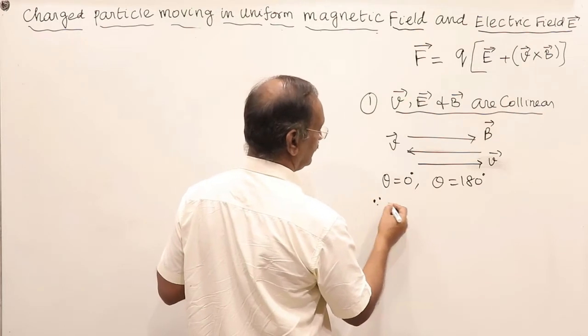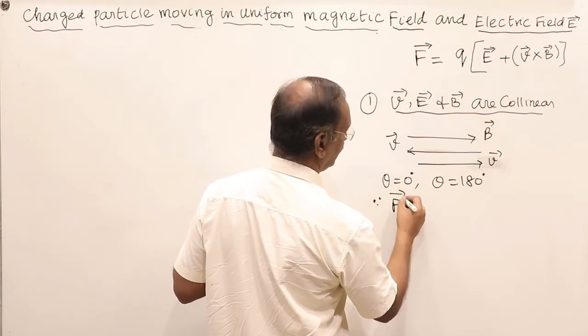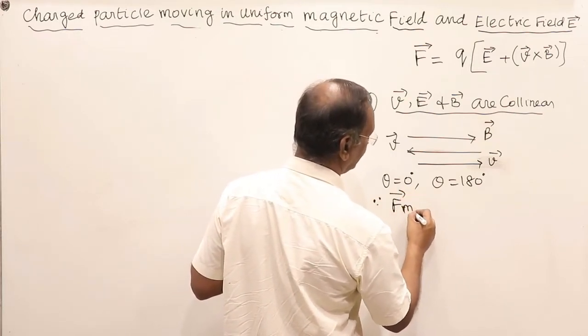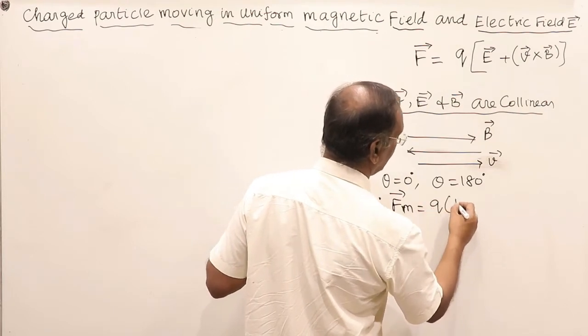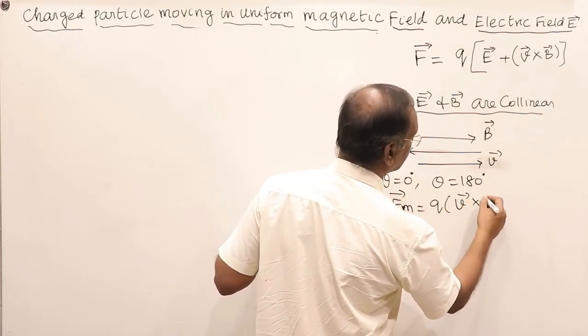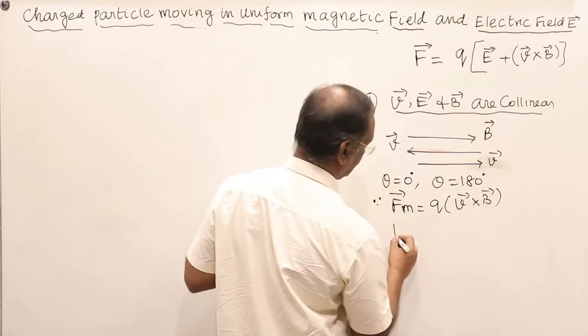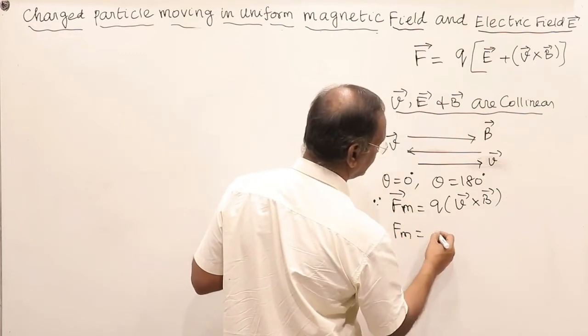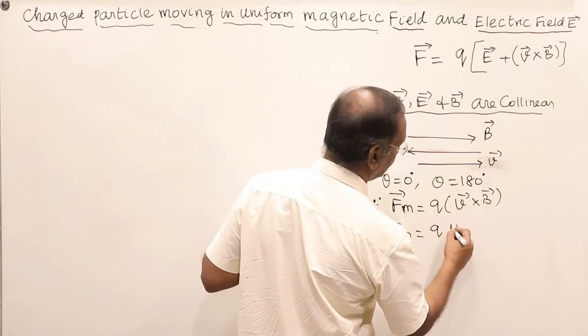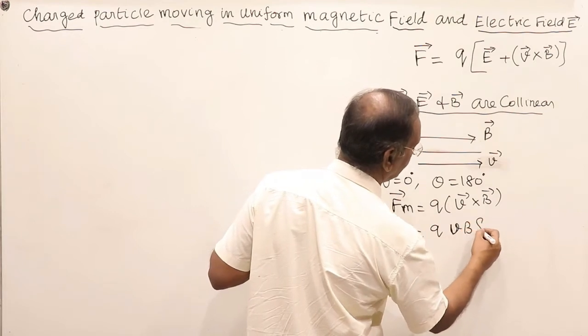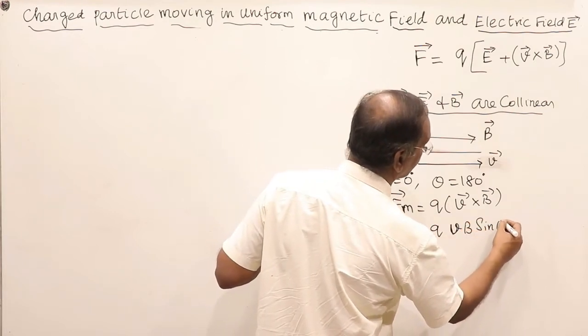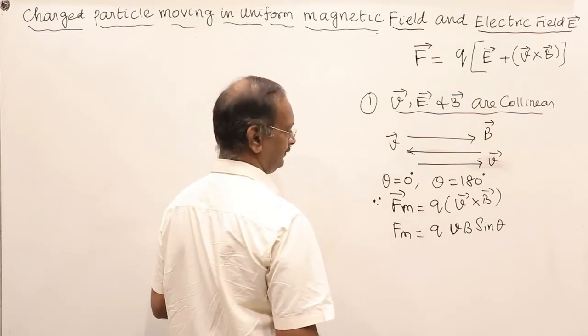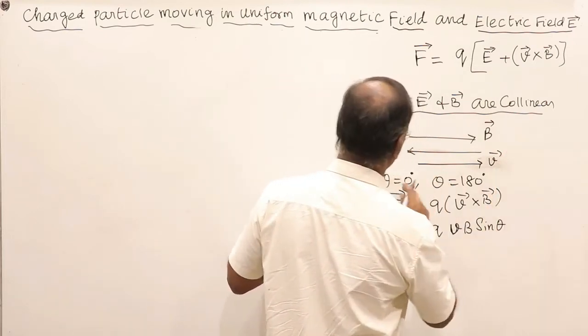Since the force due to the magnetic field is equal to Q into V cross B, in magnitude form we can write Fm is equal to Q into velocity into magnetic field into sine of the angle between these two vectors. Here, what is theta?